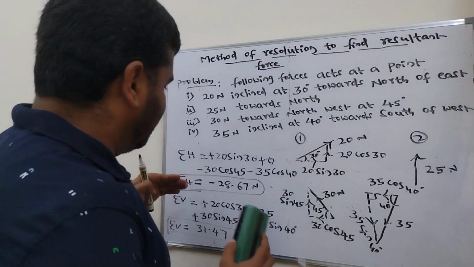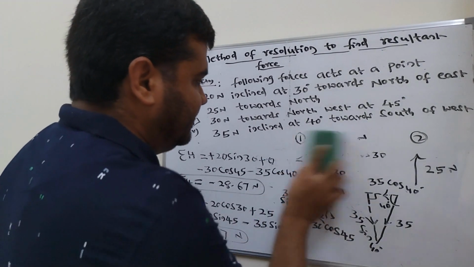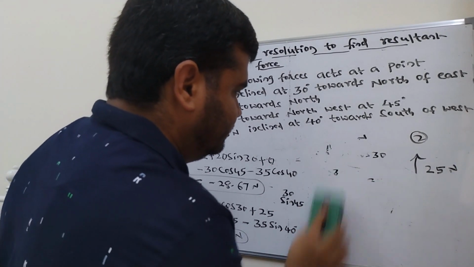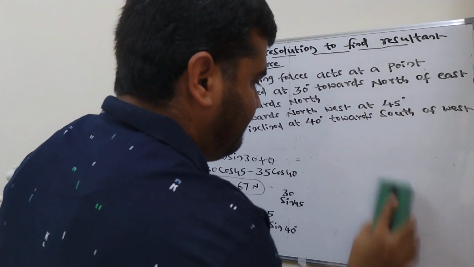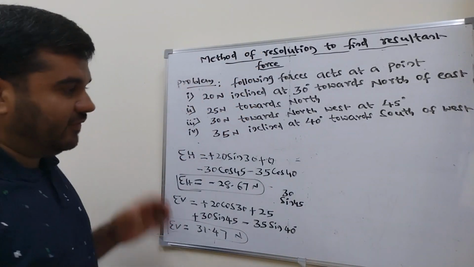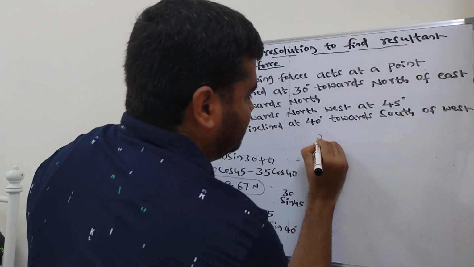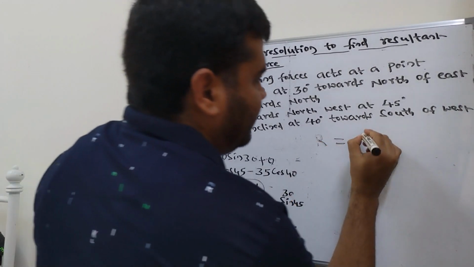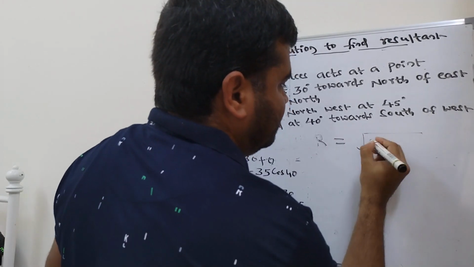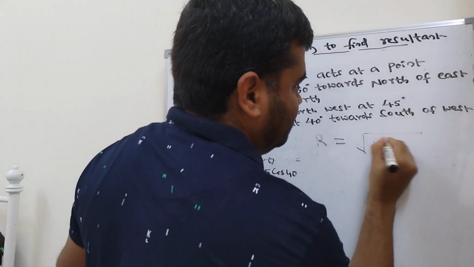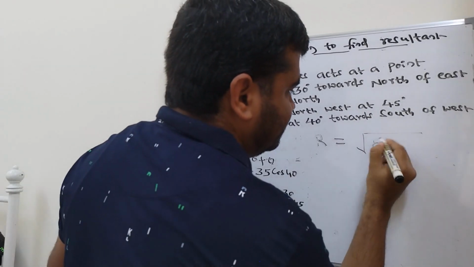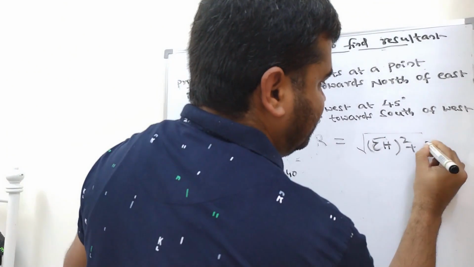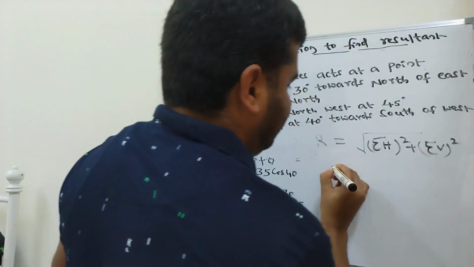Now we will find out the resultant force. I will erase this one here. Okay. What is the formula for resultant? The resultant is the square root of summation of H whole square plus summation of vertical component whole square.